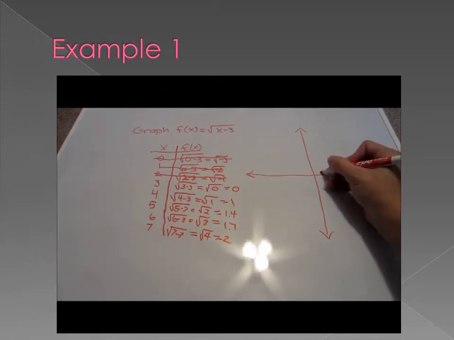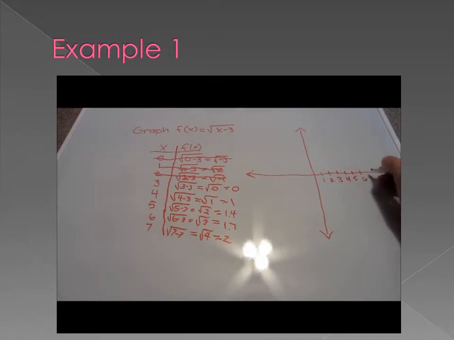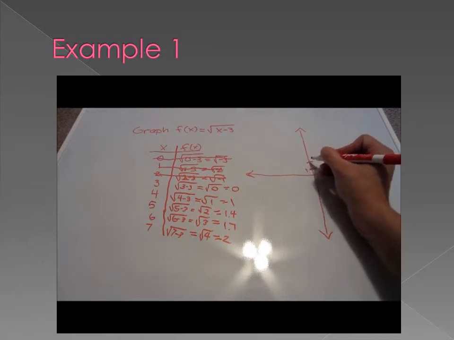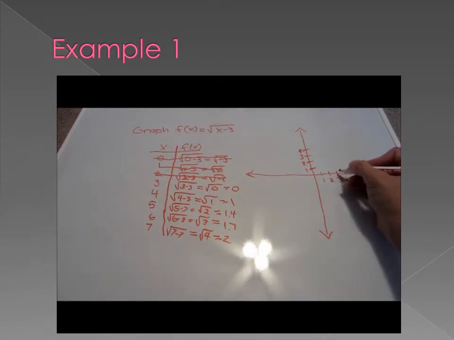So we have to mark our graph with 1, 2, 3, 4, all the way up to 7 because those are the numbers we used. And then we're going to graph the y-axis as well. 1, 2, 3, 4. Okay, so now we can graph our points. The first one is (3, 0).